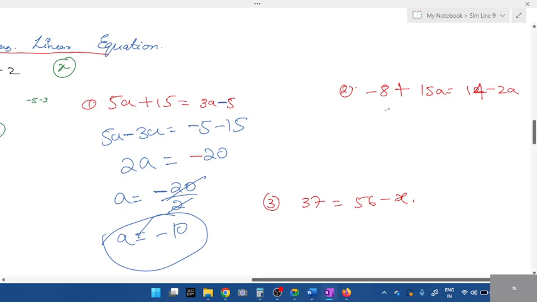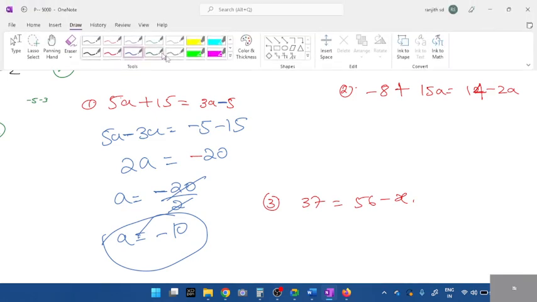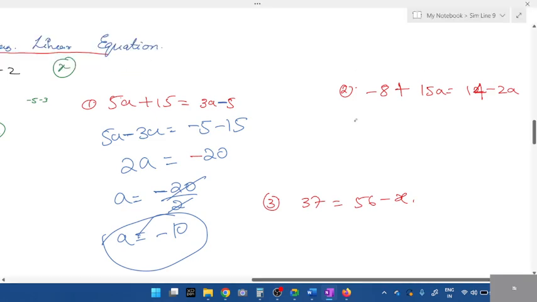Tell me the next one. What doubt? You have to group it. Which one you have to send the other side? 15a is on the left hand side, right? Keep it as it is, bring minus to the side.